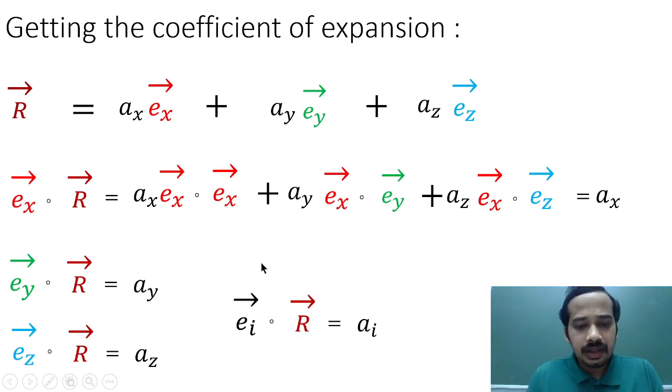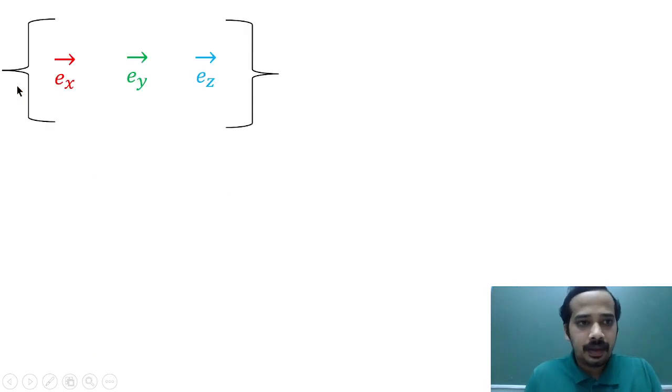So generally we can write like this: ei vector dot r vector is equal to ai. If you want a particular coefficient of this linear expansion, the ith coefficient, you have to take the dot product of the ith unit vector with the resultant vector.